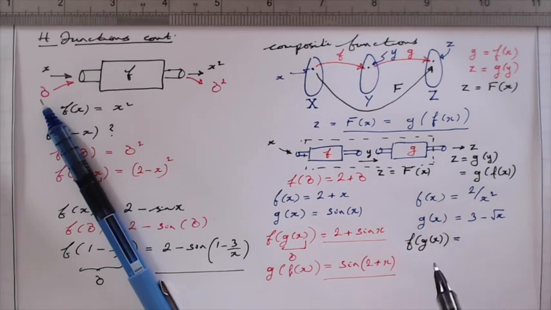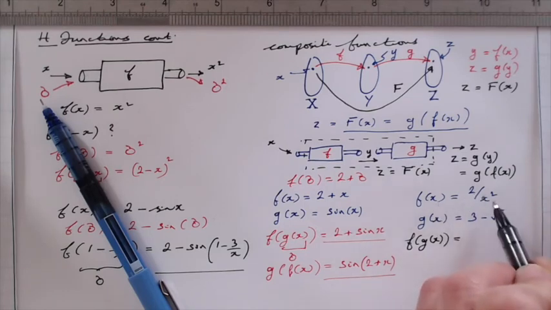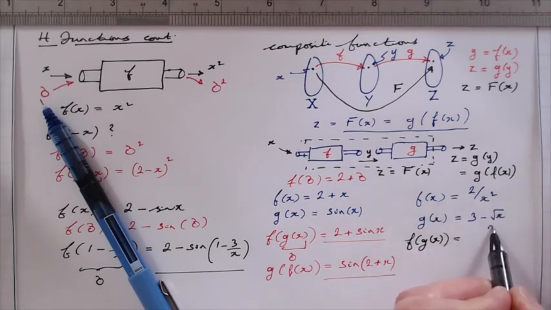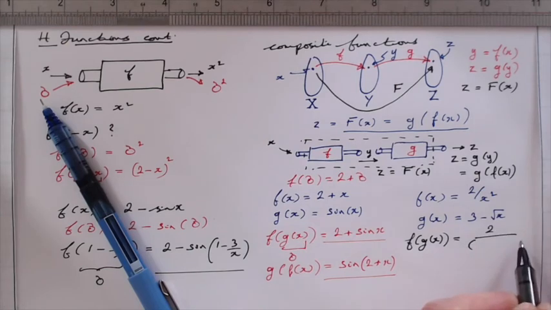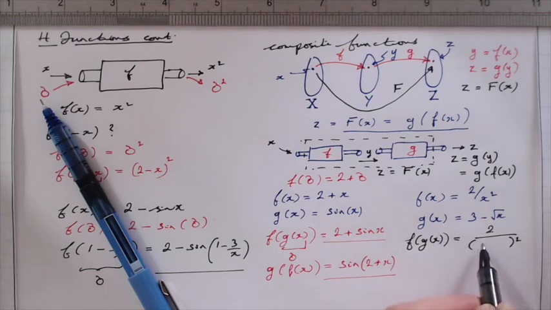Well, g of x we already have written there. f of apple is 2 over apple squared. So it's 2 over the square of whatever the argument is. And that argument is g of x, which is 3 take away root x. Not a very attractive function. There's no real way that you would want to simplify that, I think.